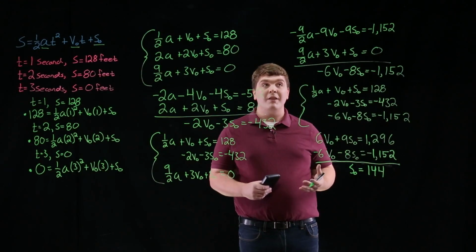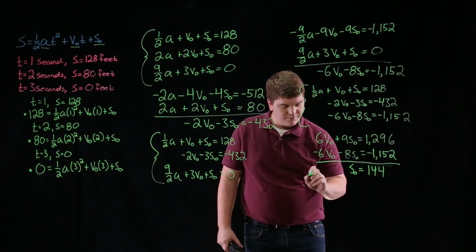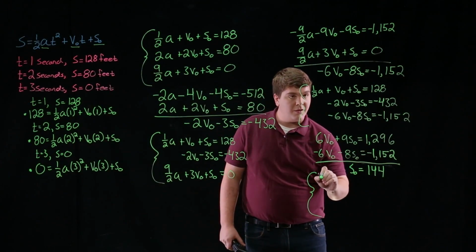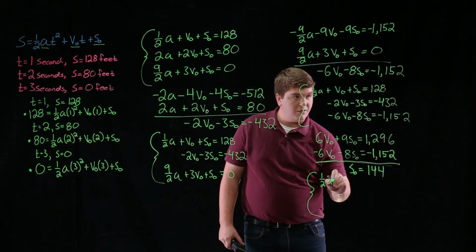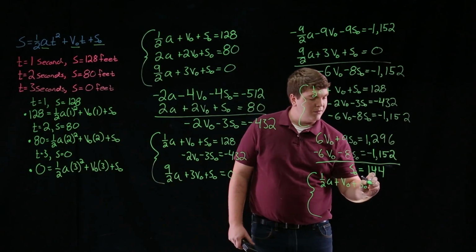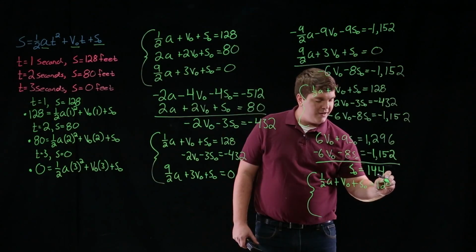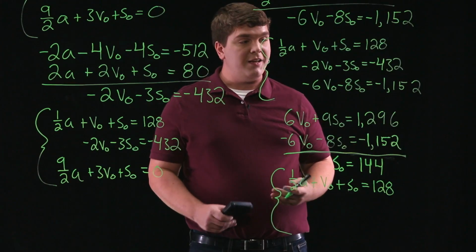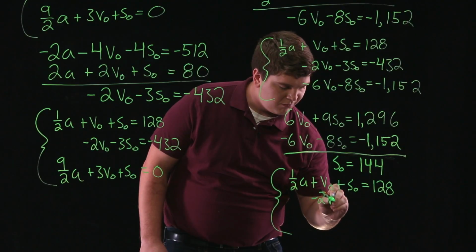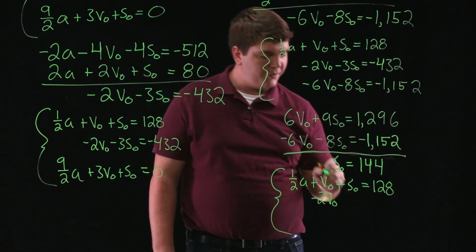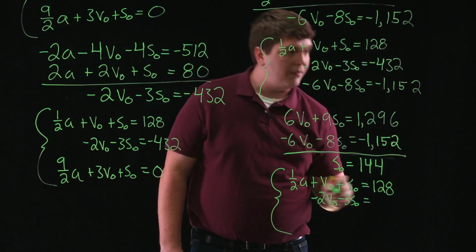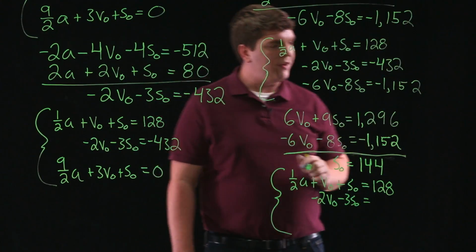So what we have here is a system of equations. Our first equation is 1/2 A plus V naught plus S naught equals 128. Our second equation is -2 V naught minus 3 S naught equals -432.